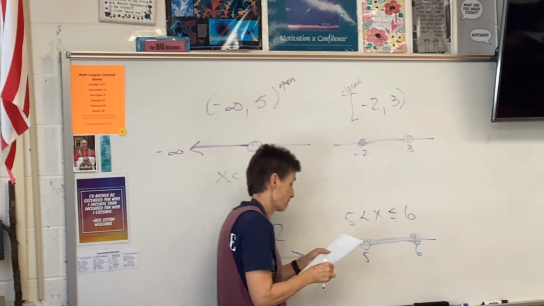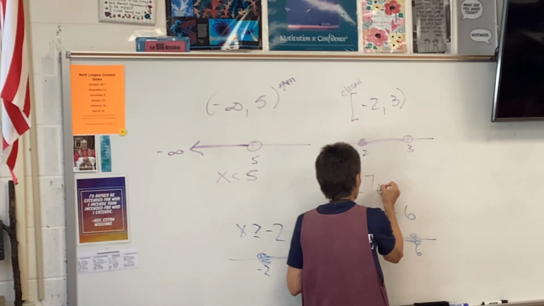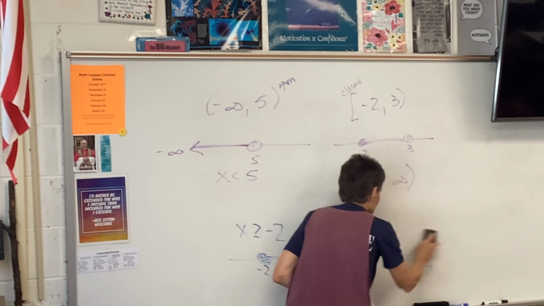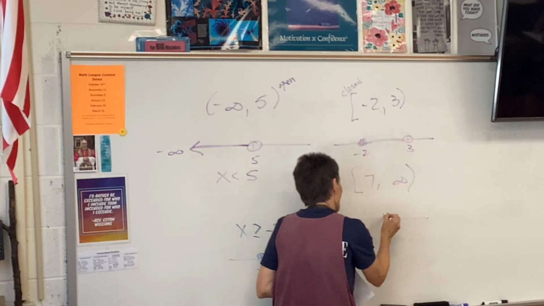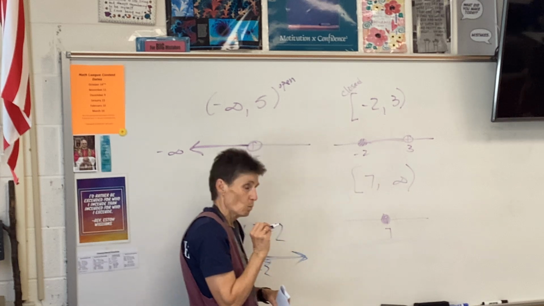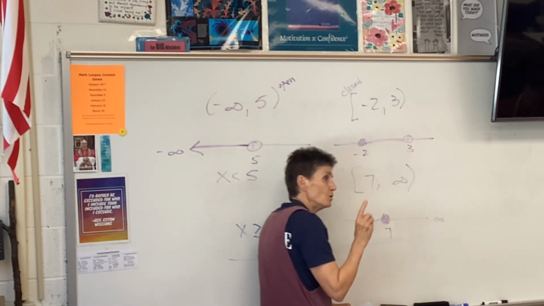What does this one mean? Now this one does have an infinity. So that means, here's my 7. And you already told me that's closed. Where's positive infinity? Out here? No dot.